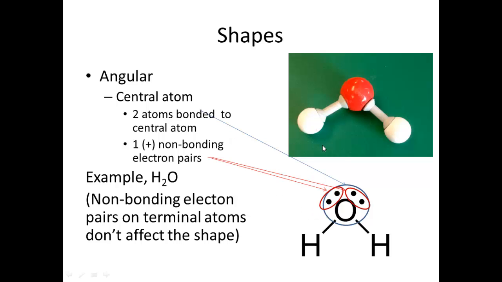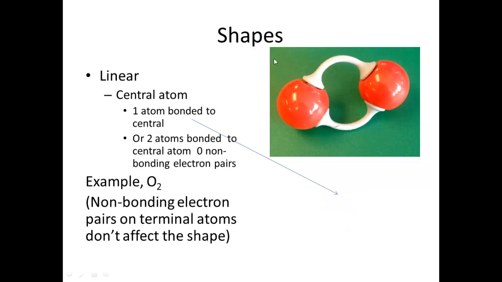They actually take up space and kind of push away the other atoms. So again, non-bonding electron pairs on terminal atoms don't affect the shape at all. So it's angular if the central atom is bonded to 2 other atoms, and you have 1 or more non-bonding electron pairs. Moving forward, the last shape we're going to talk about is linear.